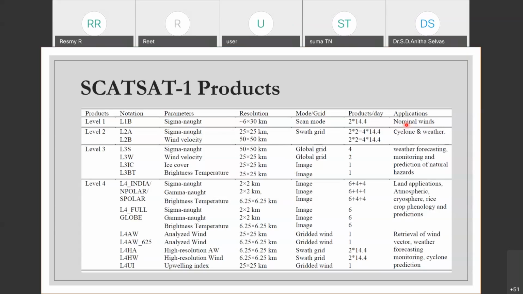Wind vectors mean which direction the wind is blowing. For weather forecasting, monitoring, and cyclone prediction, the data comes at 6.25 by 6.25 kilometer resolution, and at 25 by 25 kilometer resolution. These are the different available data which you can easily download from ISRO's website.